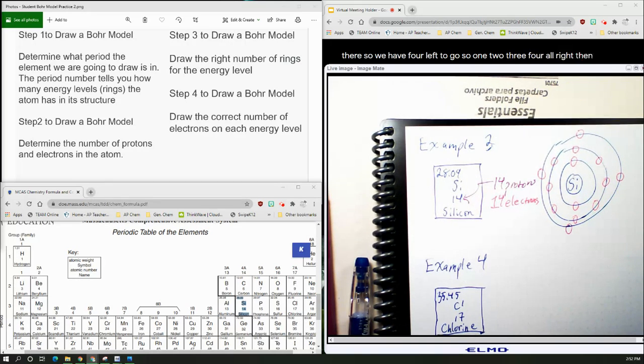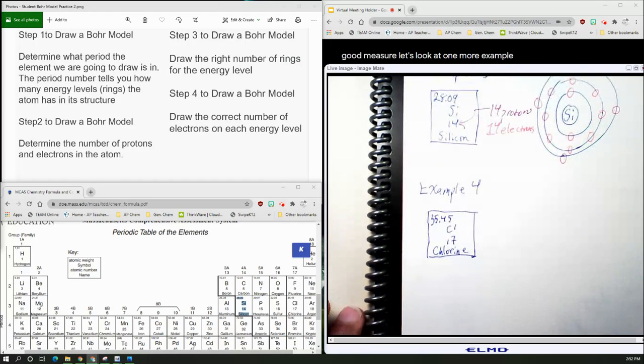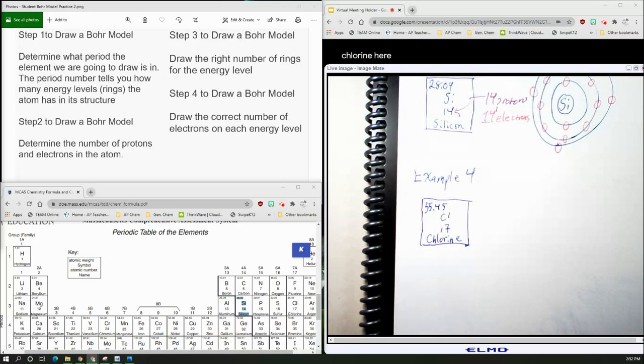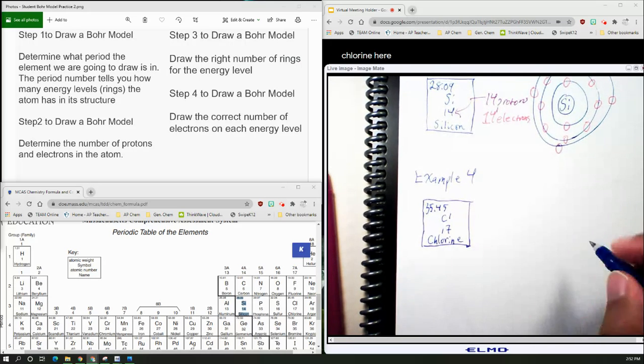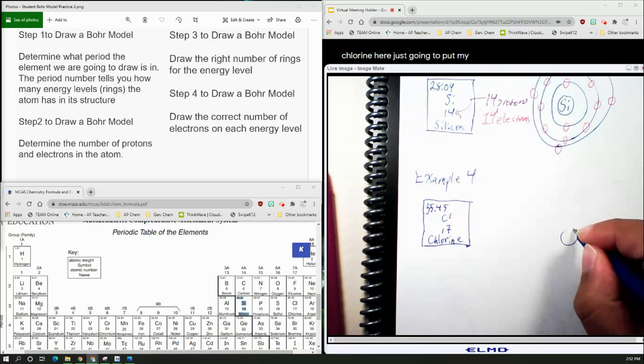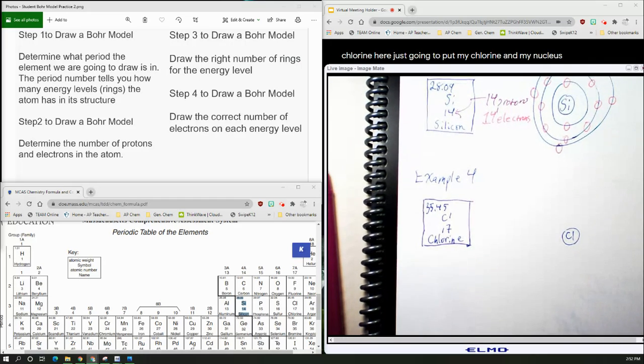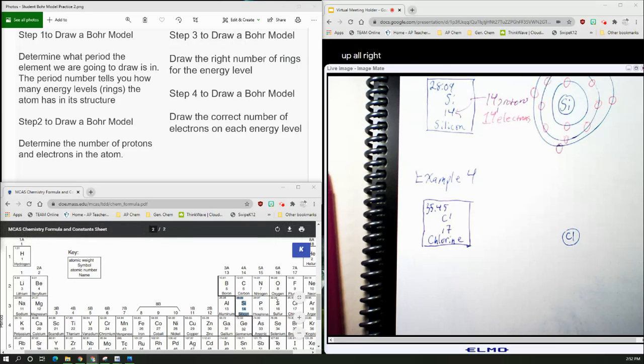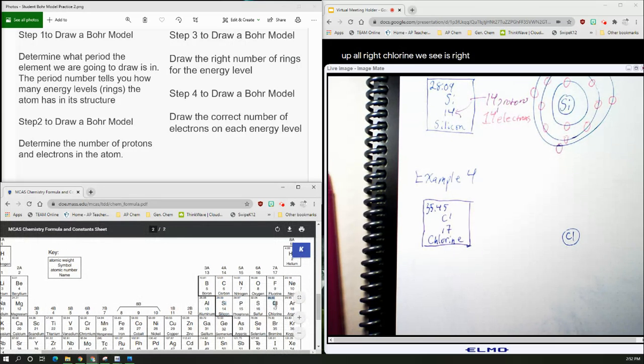All right, and just for good measure, let's look at one more example. So we're going to have chlorine here. So I'm just going to put my chlorine in my nucleus, and let's look it up. All right, chlorine we see is right here.